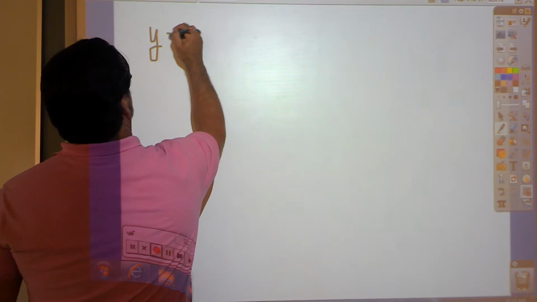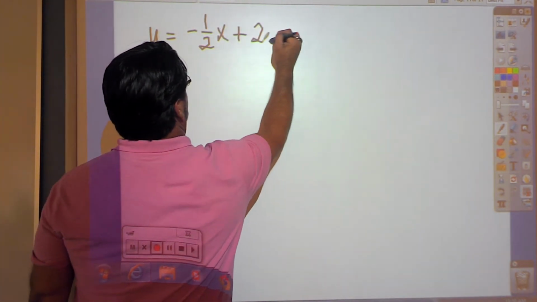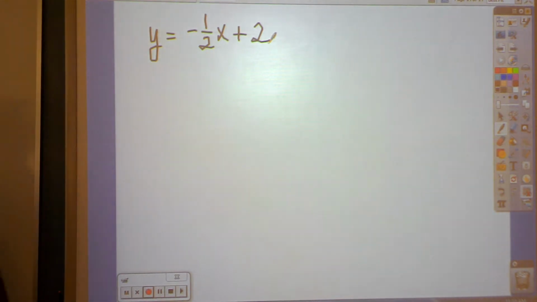Y is equal to negative 1/2 x plus 2. And that's the way you'll be given that. And it'll say graph using the slope and y-intercept. And if it says graph using the slope and y-intercept, and you don't use the slope and y-intercept, then on my homework and test, you'll get it wrong.